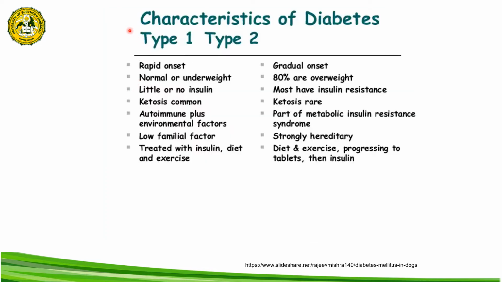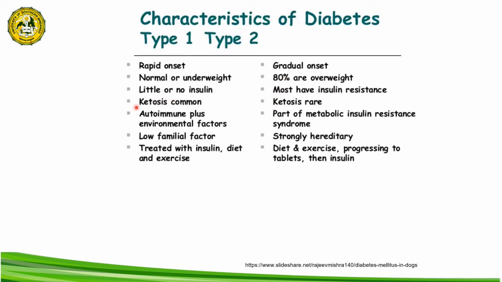Here we have a comparison of the characteristics of the two types of diabetes, type 1 and type 2. Type 1 diabetes has a rapid onset compared to type 2. Type 2 diabetes is more common in overweight patients. Type 2 diabetes also has insulin resistance, or the condition wherein the body does not respond to the presence of insulin.